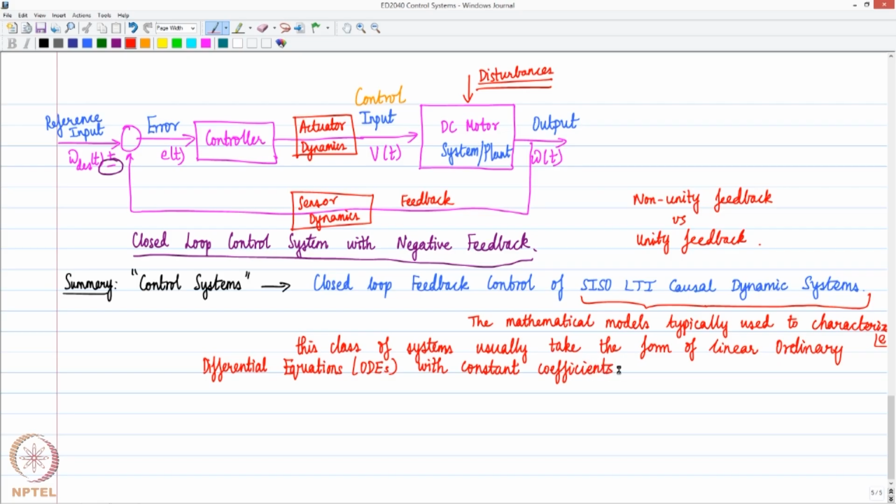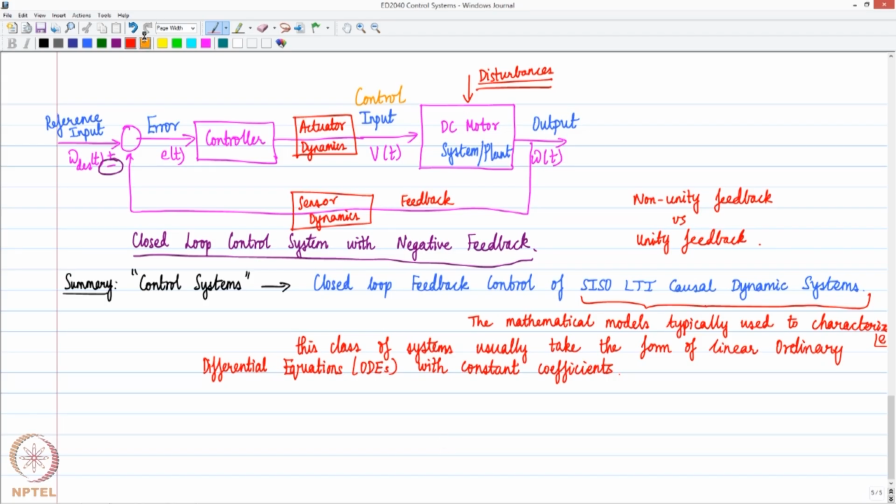So typically the mathematical models that are used to characterize this class of systems that we are going to study in this course take the form of linear ordinary differential equations with constant coefficients. That is the class of equations that we would be focusing on.